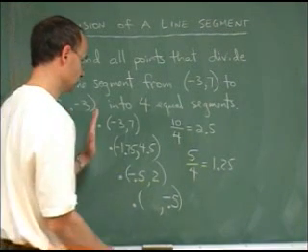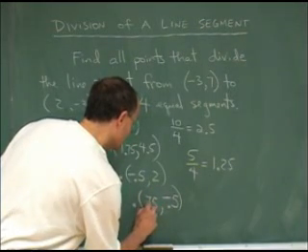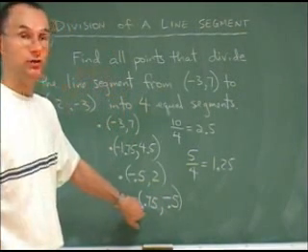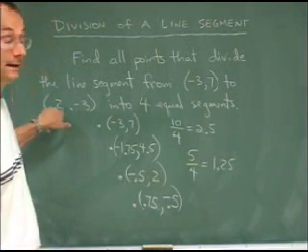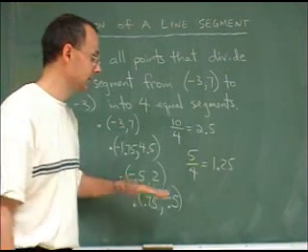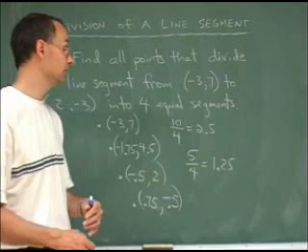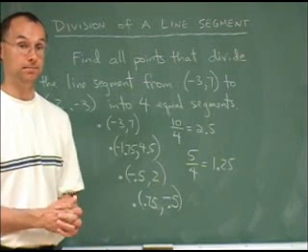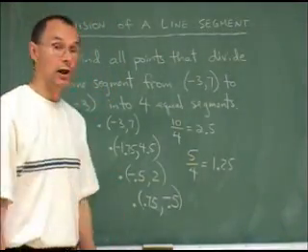So that's going to bring us to 0.75. And if we add 1.25 to that, we end up at 2, which is where we should be ending up. So even if the numbers are not very nice, it doesn't really matter. The procedure is the same each time. So that's division of a line segment.